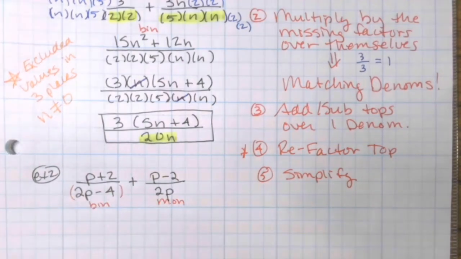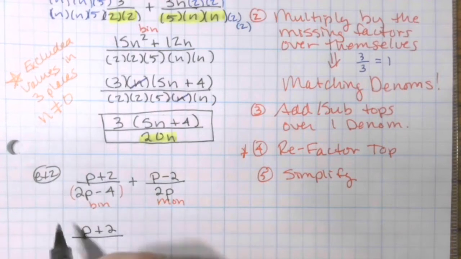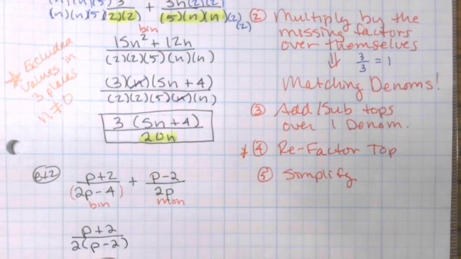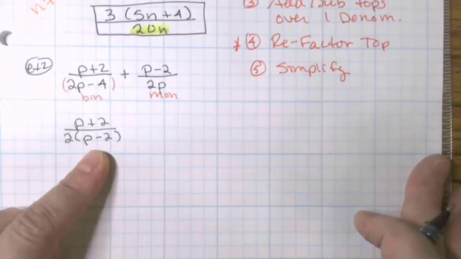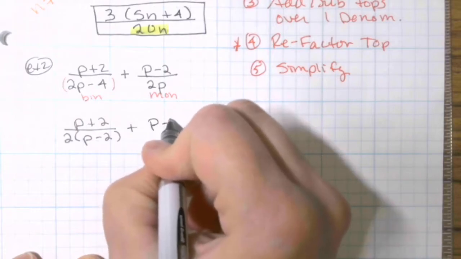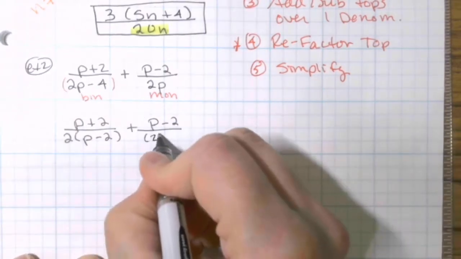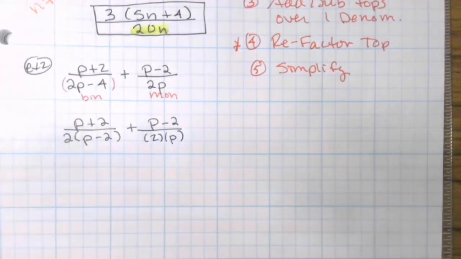For a binomial, divide out what you can and then see if it factors. So I can divide out a 2, and I'm left with p minus 2. p minus 2 is not a squared minus b squared, so we're done. On the right one, 2p is a monomial. We prime factor: 2 times a p.